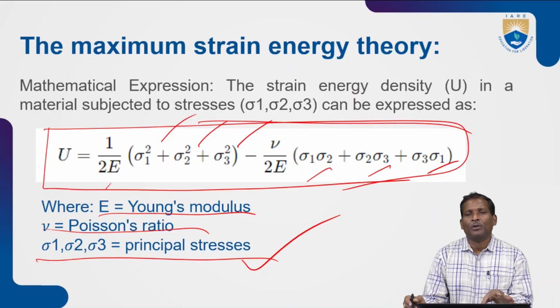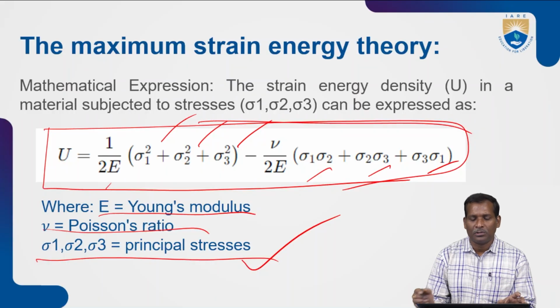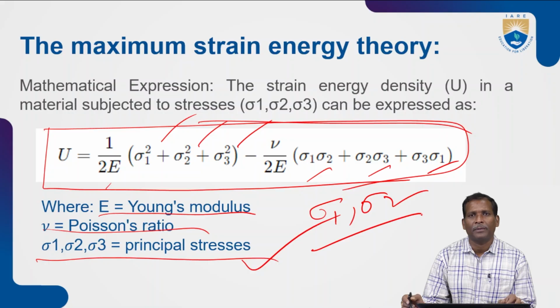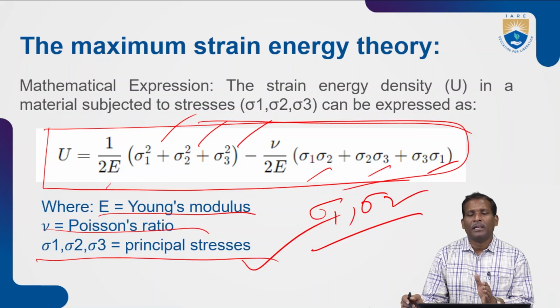In the case of biaxial loading, only the principal stresses sigma 1 and sigma 2 will be active, so you can substitute 0 in place of sigma 3.